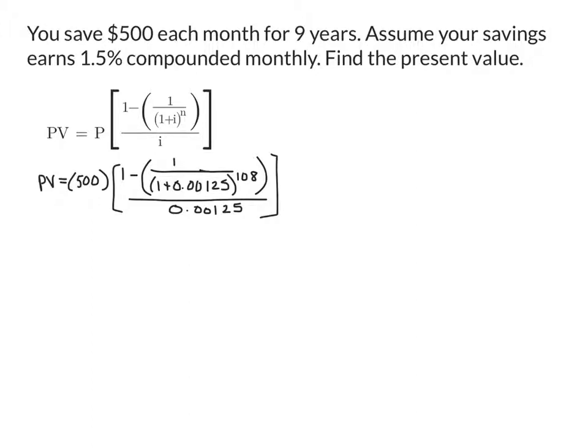Now, when solving this formula, we want to work from the inside out. So we're going to look for the parentheses that are on the very inside of the formula and then keep on working the parentheses outward. So my innermost parentheses are here.